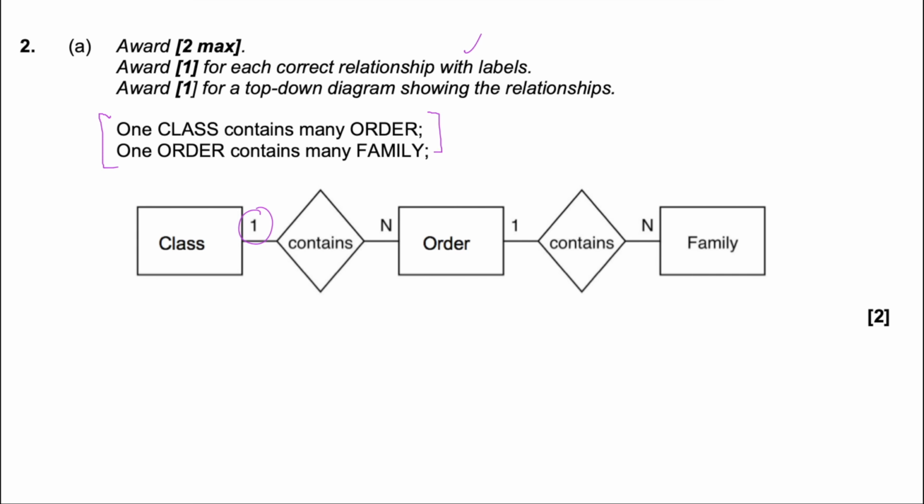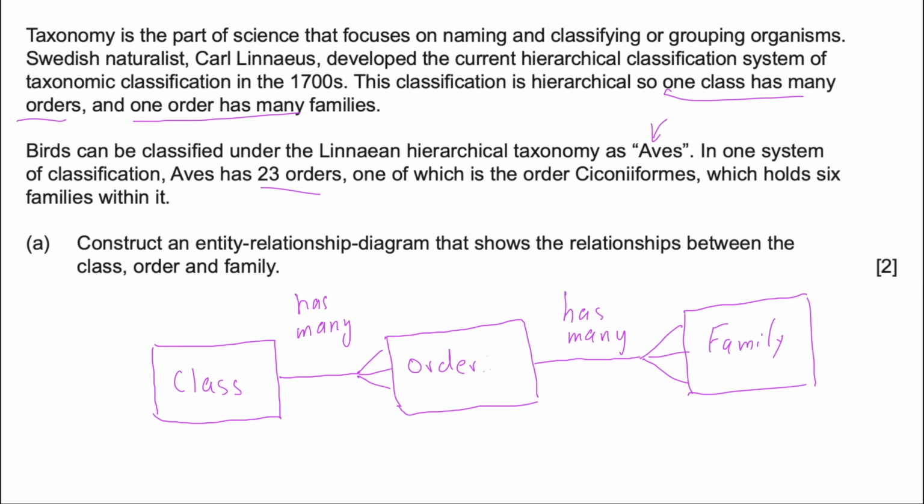So one class contains n. N could be any number, right? So that could be many. So one class contains an n number of orders. And then we can say that one order contains n families. So this looks different from the ERD diagram we just drew, but it's just as valid, and it illustrates the concepts presented in a perfectly normal way.